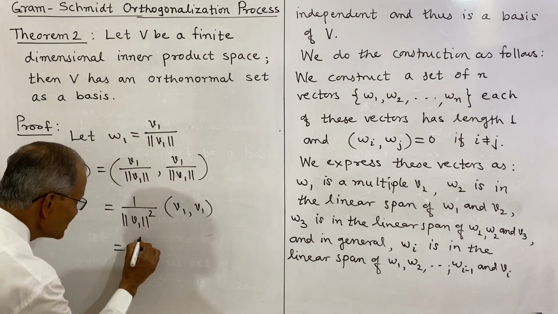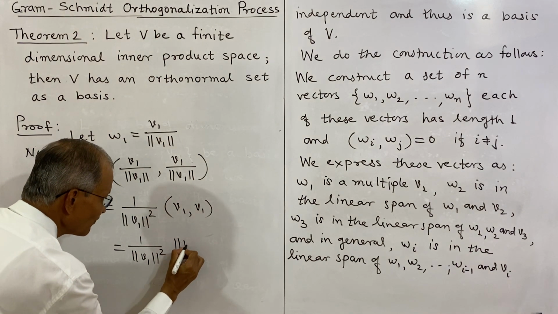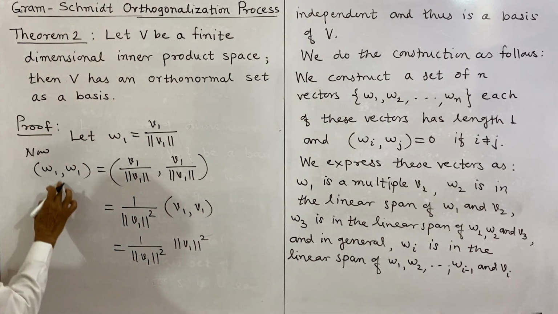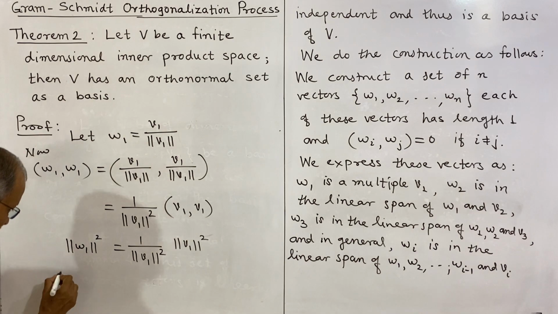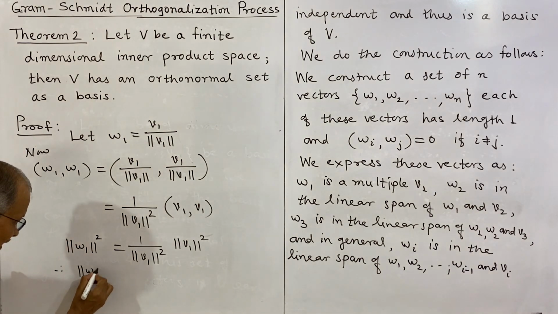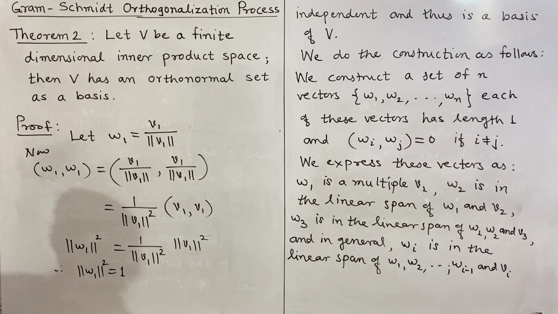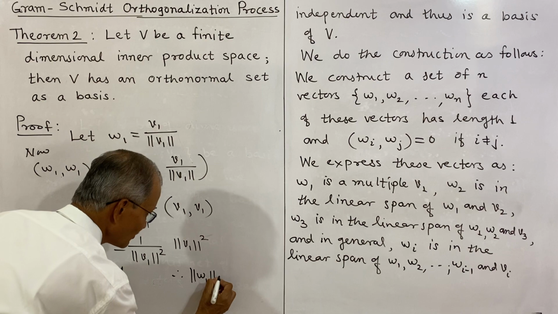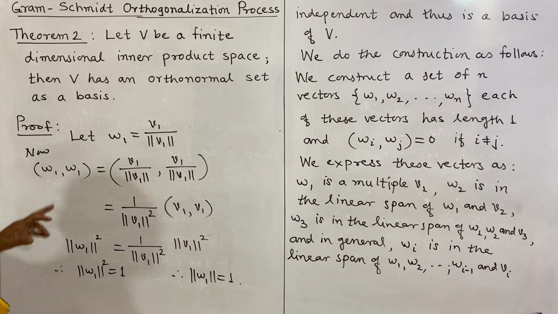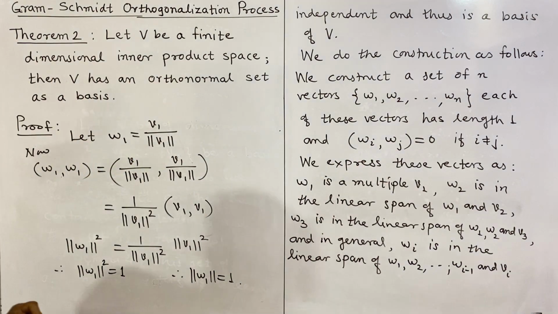Therefore this is 1 upon norm v1 square into norm v1 square, which is 1, and the left side is norm of w1 square. Thus norm square is 1, which means the norm of w1 is equal to 1, and this vector is of length 1. So that condition is satisfied.